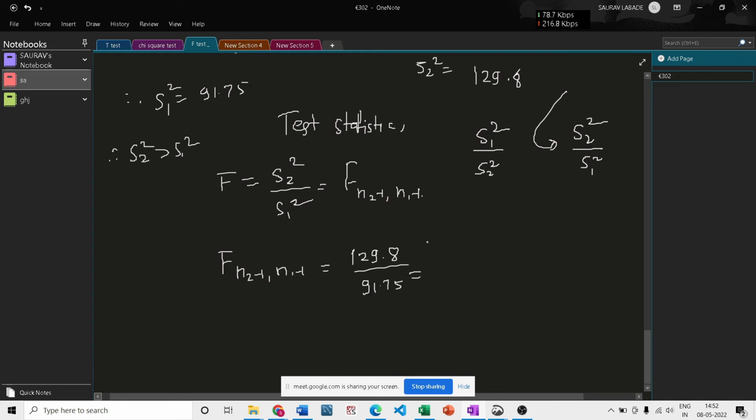If you find this value, I get 1.415. Okay, so n2 minus 1 means 11 minus 1, that is 10, and 9 minus 1, that is 8, right? F 10, 8.